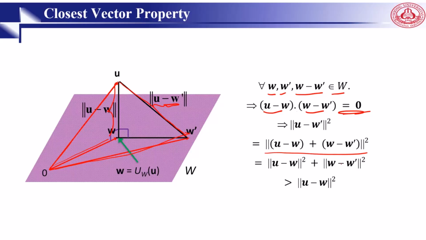The norm squared of u minus w prime is strictly greater than the norm squared of u minus w. These statements reflect the properties of orthogonal projection, and they emphasize the orthogonality and the composition of vectors in subspace W. The distance from a vector u to subspace W is the distance between u and the orthogonal projection, as we have seen here.